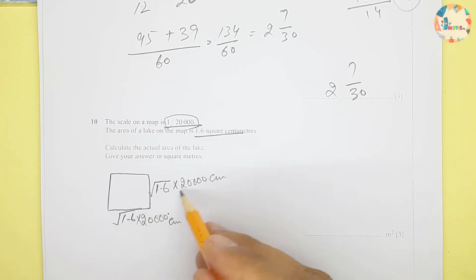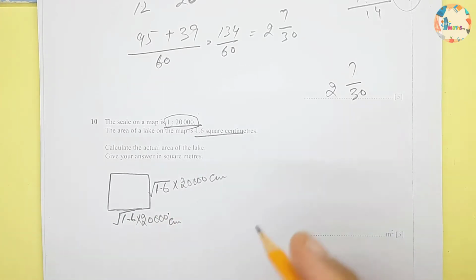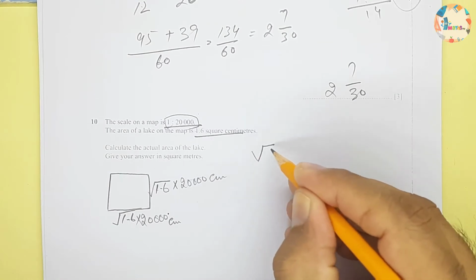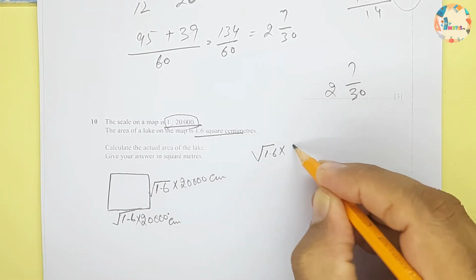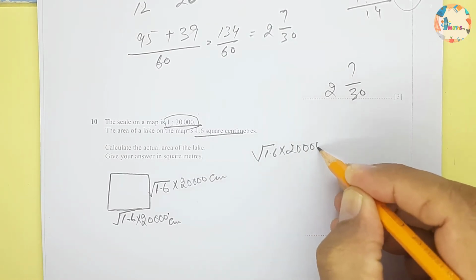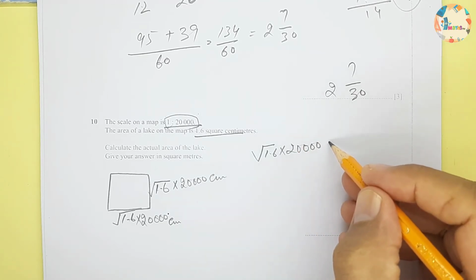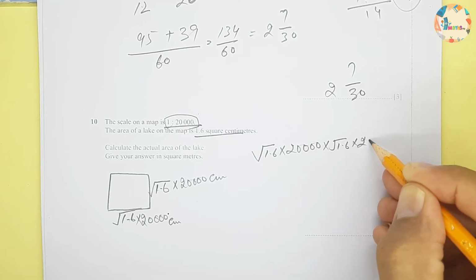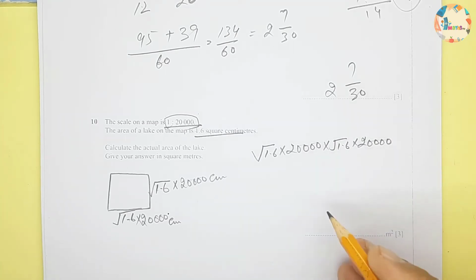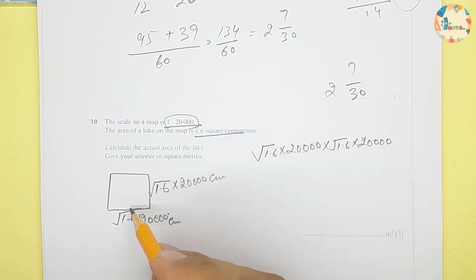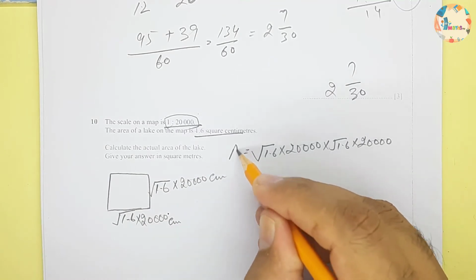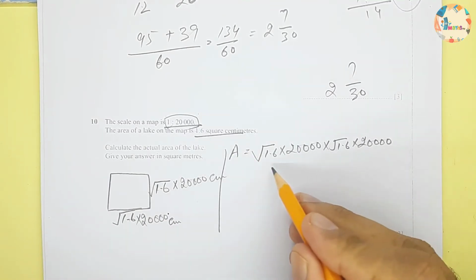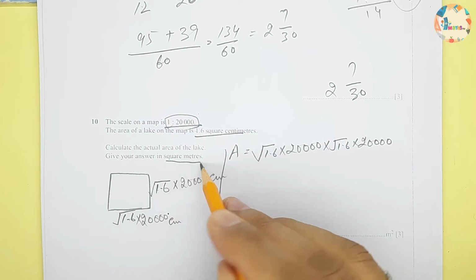Now to find the area of these two sides, we can multiply them. So we can multiply root 1.6 into 20000 and multiply by root 1.6 into 20000. So this will be length into width, this will be area, but we need it in square meters.